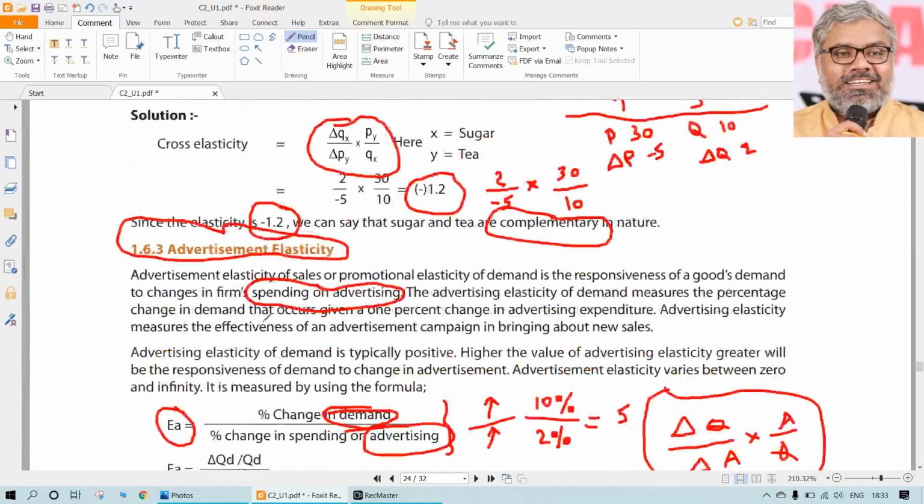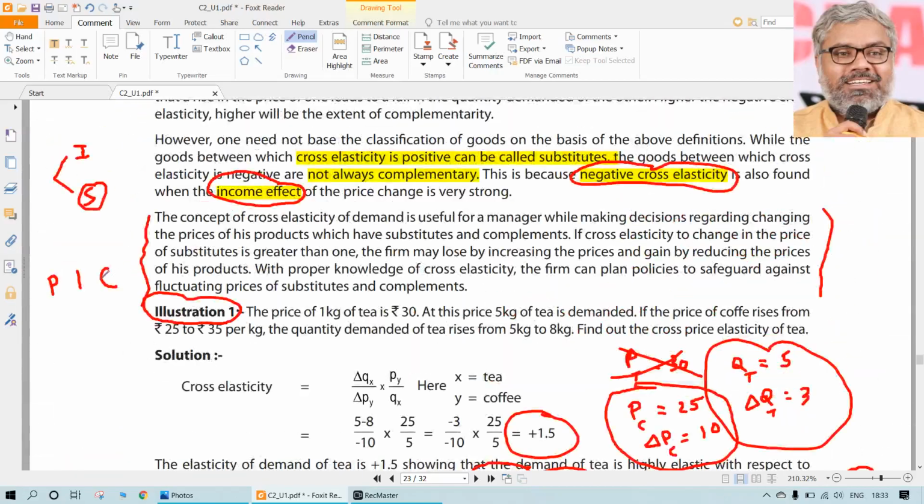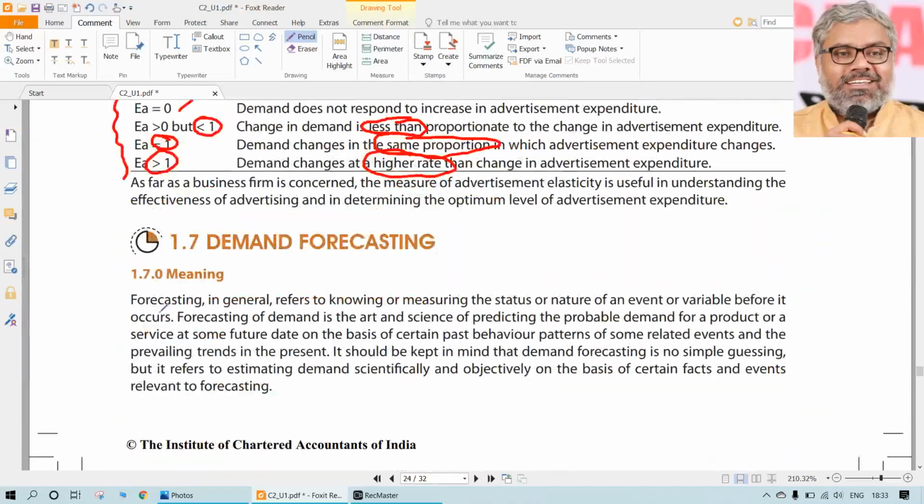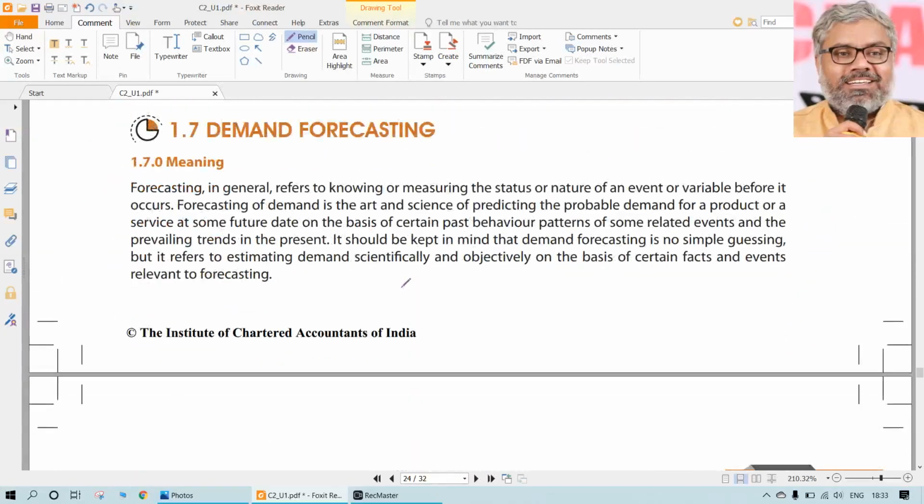Different types of elasticity of demand, whatever we discussed so far: price, income, cross and advertisement expenditure elasticity of demand. These are the technical aspects of this chapter. With that we can conclude. These are the things which will come in the examination as questions in general. Demand forecasting is a very generic point.